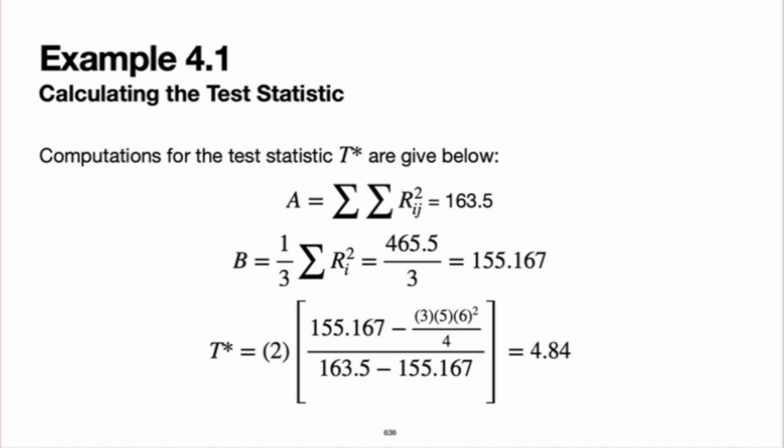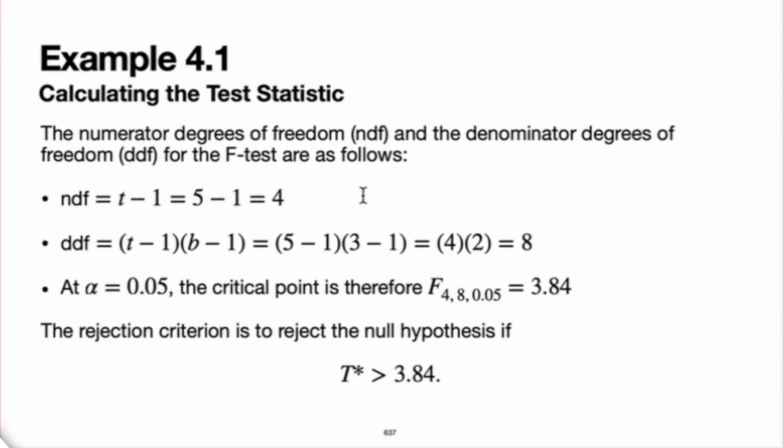So that's the value of the test statistic, and now we need to evaluate that by comparing it to the appropriate critical point. Remember, that critical point is going to come from the F distribution. The numerator degrees of freedom is 1 less than the number of treatments, so 4. And then the denominator degrees of freedom are t minus 1 times the quantity b minus 1.